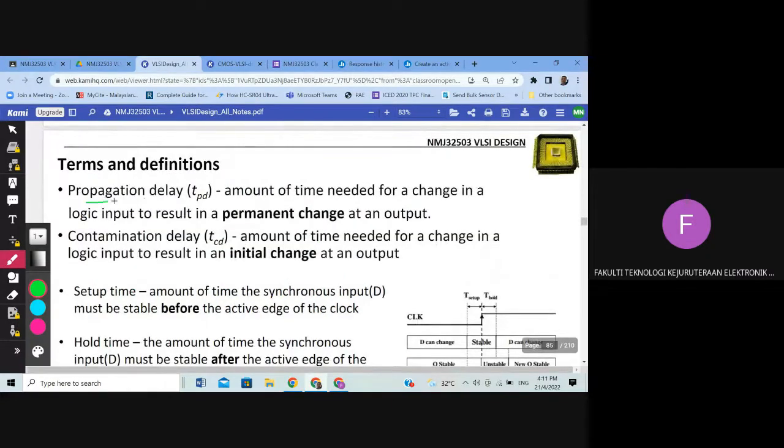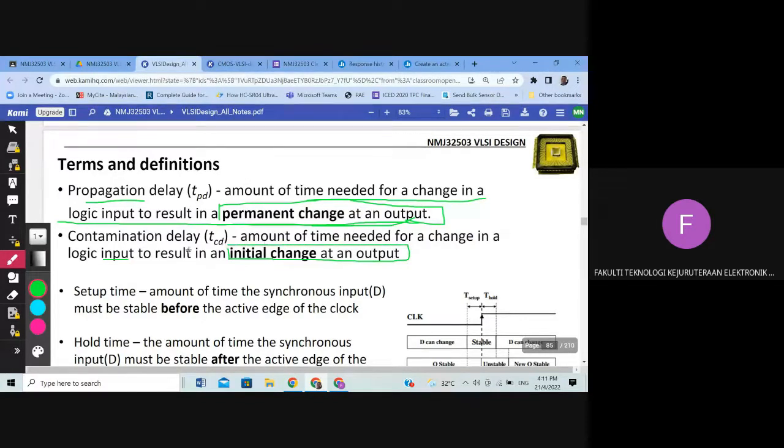Propagation delay is the amount of time needed for a change in the logic input to result in a permanent change in the output. So the keyword is permanent change at the output. Compared to that, contamination delay is the amount of time required for a change in a logic input, same as above, to result in an initial change to the output.